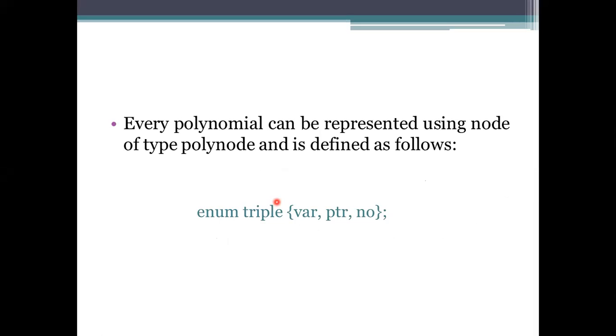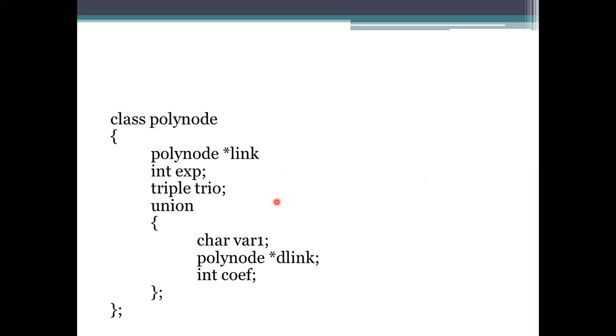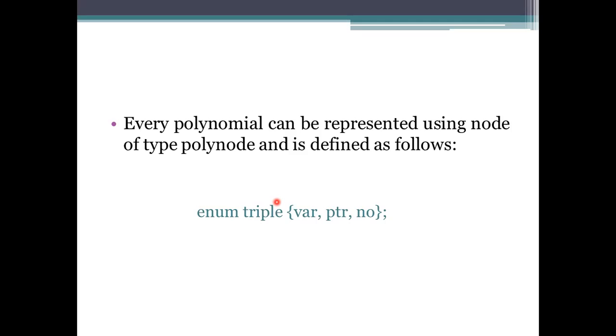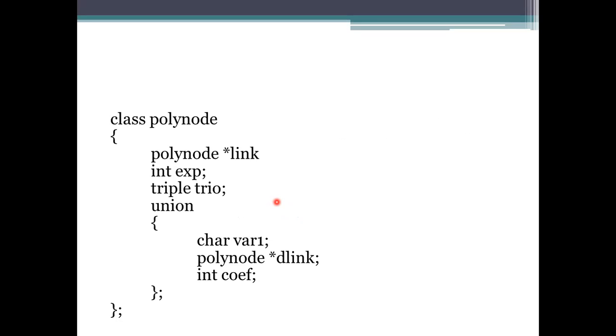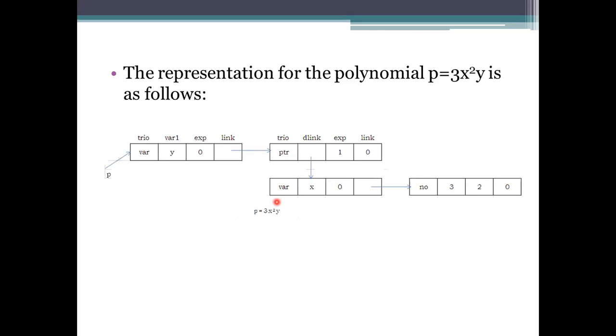That's why we are using a triple notation, which represents the polynomial, the pointer, and the number representation. Whenever we are creating a polynomial node, it will call its triple, which is specified as a trio, and executes it. See here, this is a value, and this is the link representation for 3x square and then y. Initially we need to call the value representation.